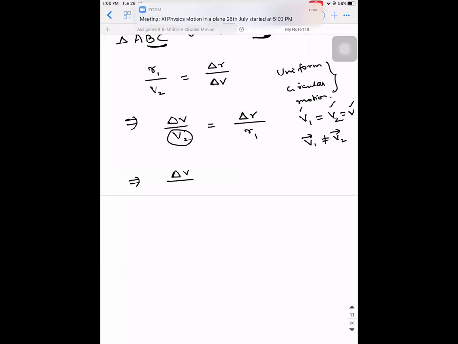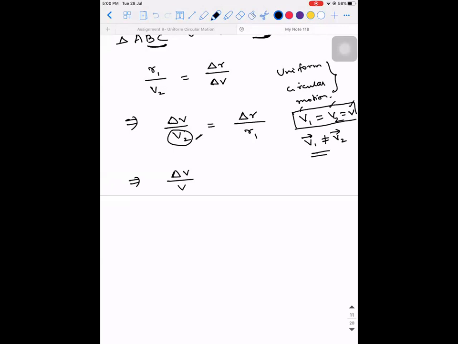I'll call that V. So V1 is equal to V2 is equal to V, but V1 vector is not equal to V2 vector because their directions are different. Their magnitude is the same, but their directions are different. Remember, equal vectors means magnitude and direction should be the same. So in the place of V2, can I write it as V?